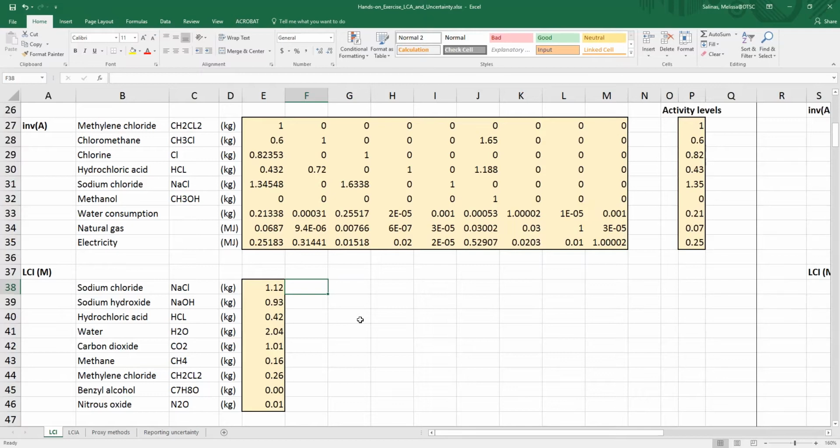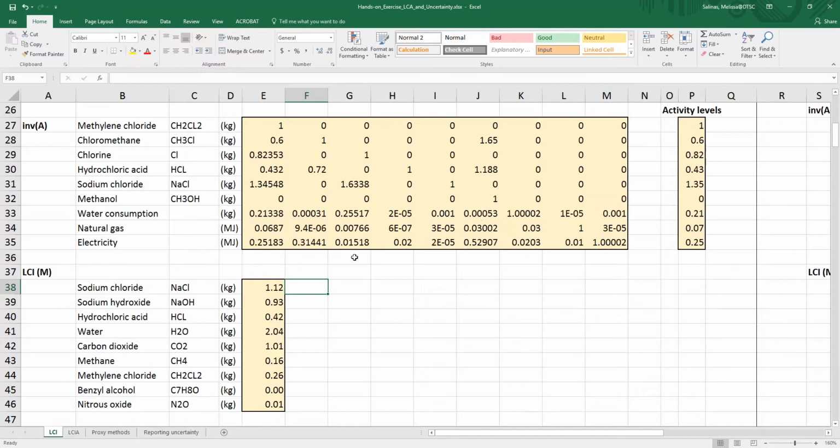B is emissions. These are elementary flows, not manufactured products. These are the emissions to the environment. Is it possible to conceptually show that on the flow chart where you have the arrows producing the different elements to produce methylene chloride? Exactly, yes, absolutely. We can do that. I can just show you.